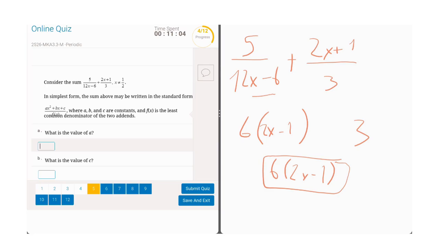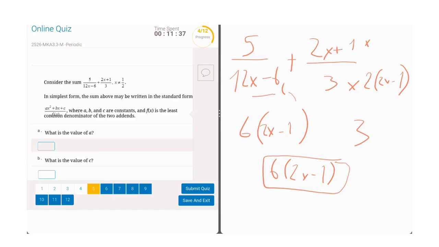Since the first denominator is already the least common denominator, we don't need to multiply that by anything. Well, we need to multiply this so that we can get 3 into 6 into 2x minus 1. To get 6 into 2x minus 1, we multiply 3 so that it becomes 6, so it will be multiplied by 2, and then 2x minus 1.